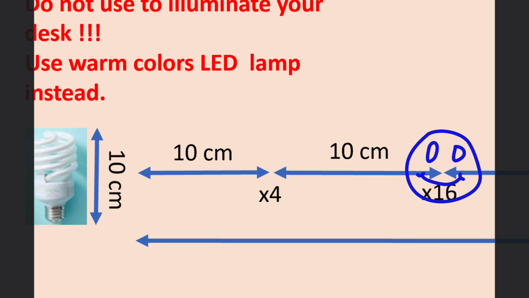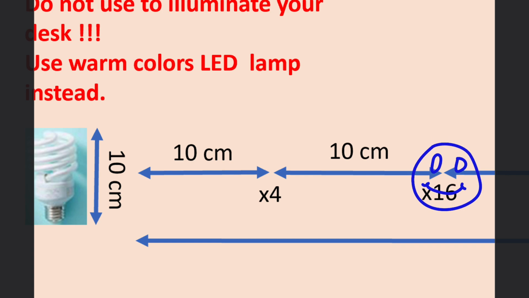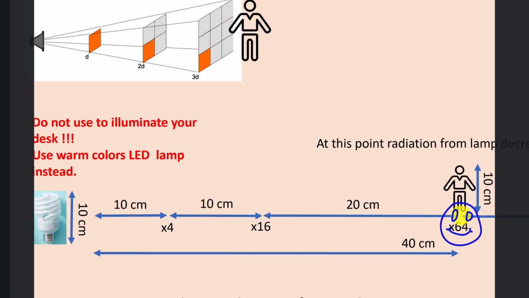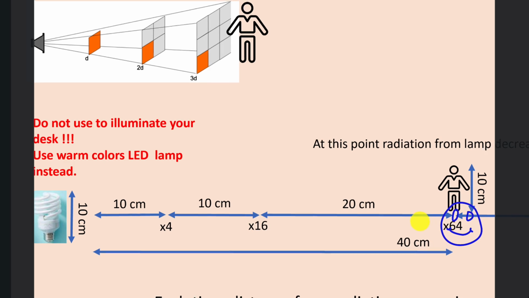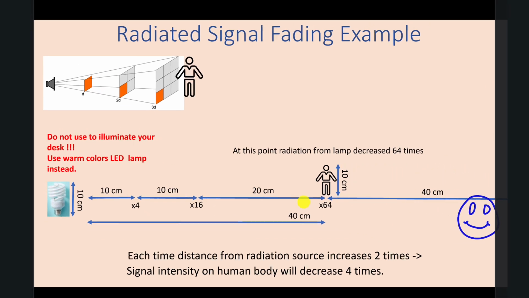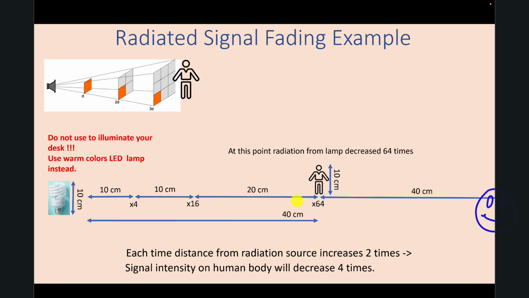And if we again double the distance, we can observe a reduction in radiation intensity 64 times. So by moving away to 80 centimeters, we can observe a reduction in radiation intensity 256 times. By moving further from the bulb, the human body will get less radiation intensity.